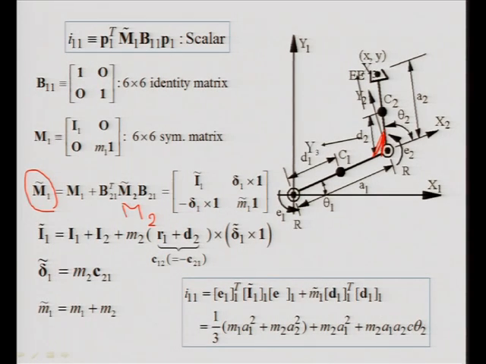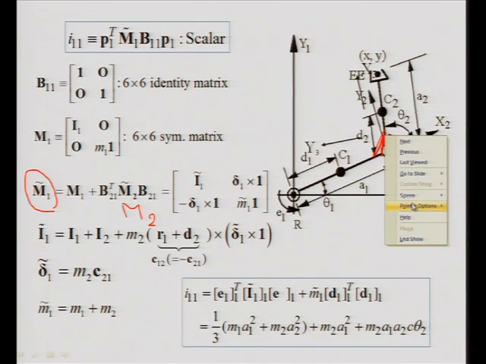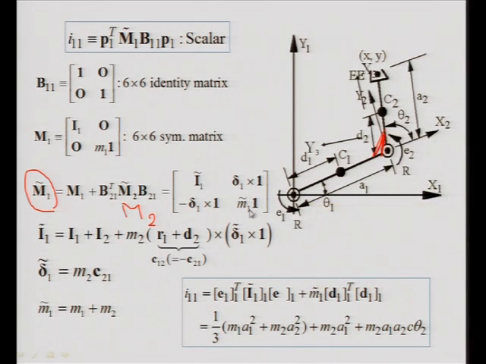M1 tilde, if you look at one of the expressions below here, I have defined it here as M1 plus M2. Once you do this operation, you get the information: I1 tilde means the inertia of this link written about C1 plus the inertia of the first link written about C1.